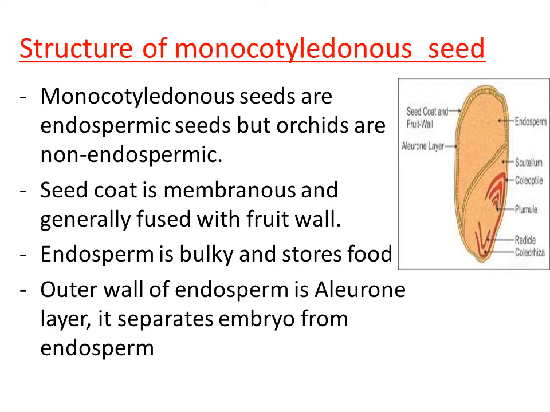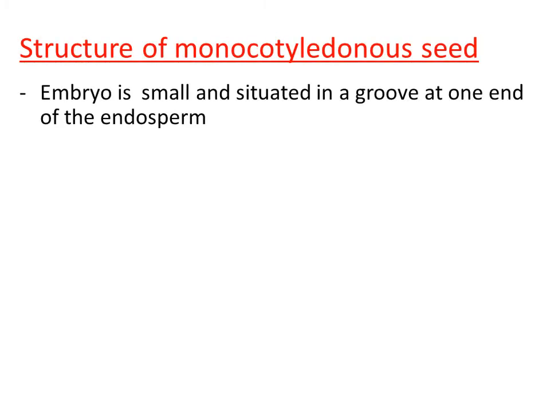At one corner of the endosperm, we can notice the presence of the embryo, right? The embryo consists of two major parts, one is the cotyledon and the other is the embryonal axis. We have already studied this with the dicot seed, right?